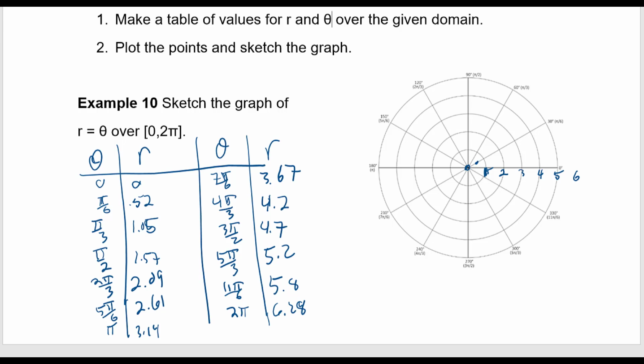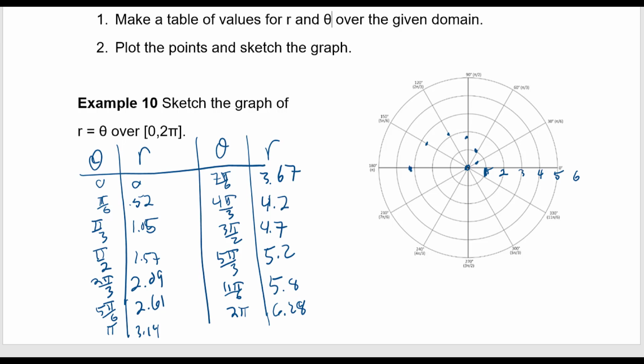Then we'll be at 1.05, just right about there. Then we'll be at 1.57, so about there. And 2.09, right about there. And then we're at 5 pi over 6, so we're going to be right about here. Then we'll be at 3.14, right about there.